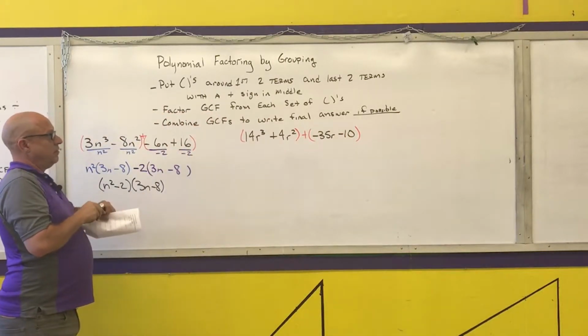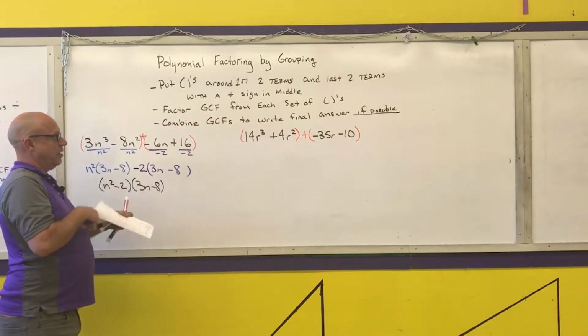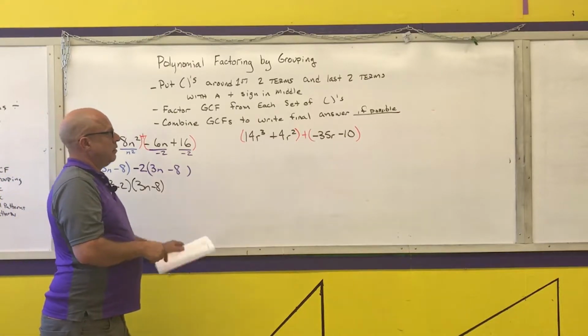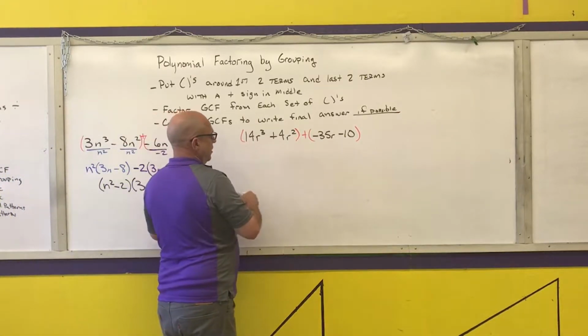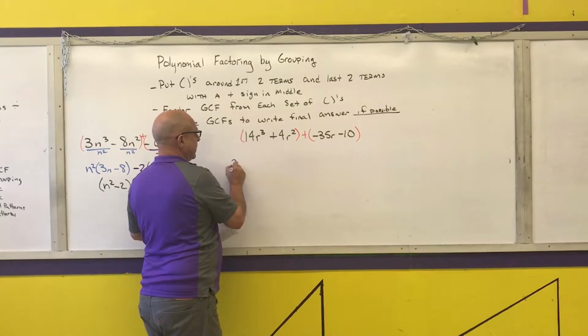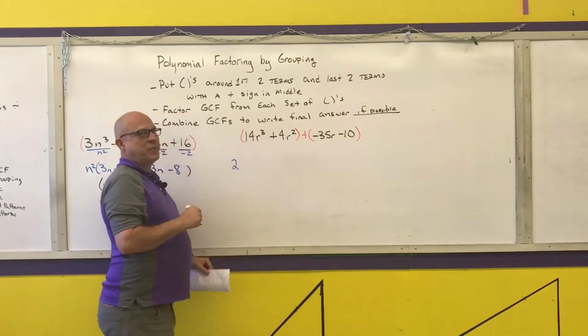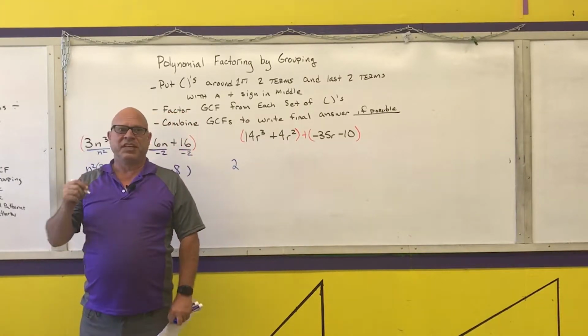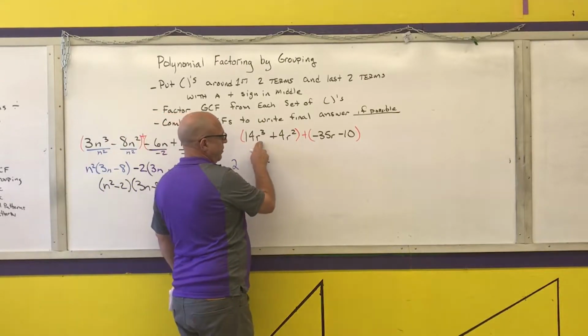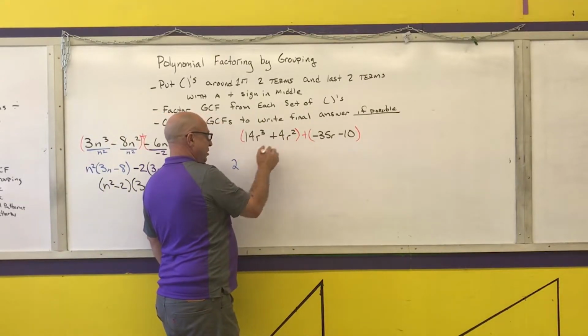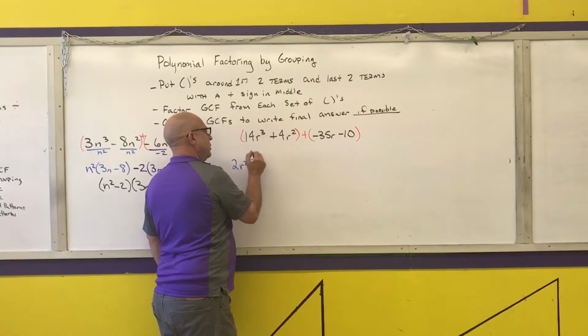Step 2, find the greatest common factor of each group. Biggest number that goes into 14 and 4 is 2. Then write down the lowest power of each variable that appears in every term. R appears in every term and its lowest power is squared.